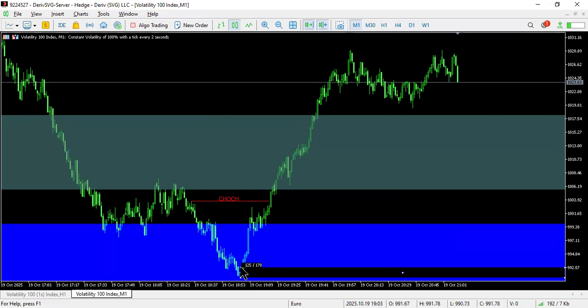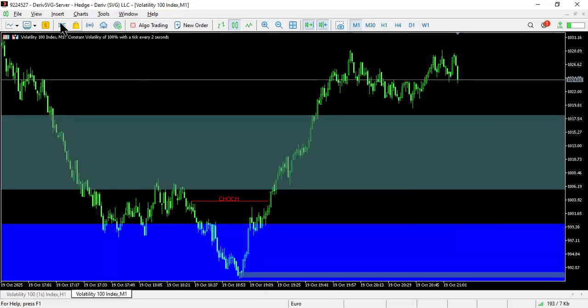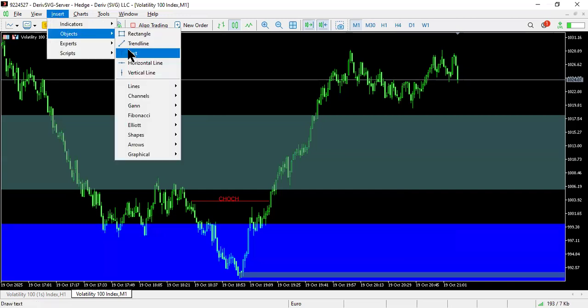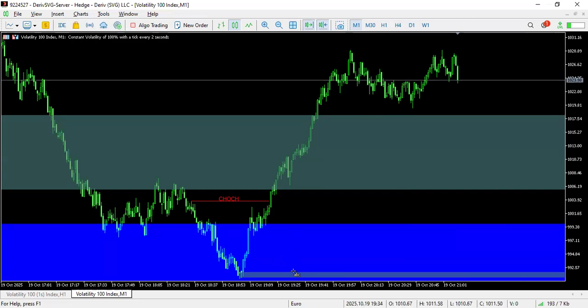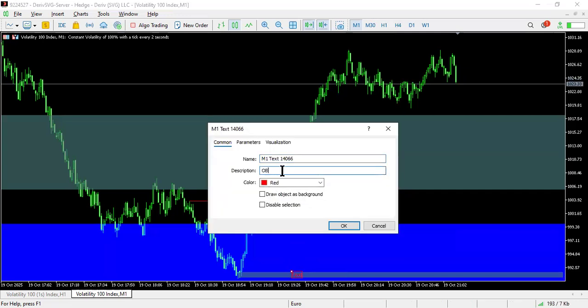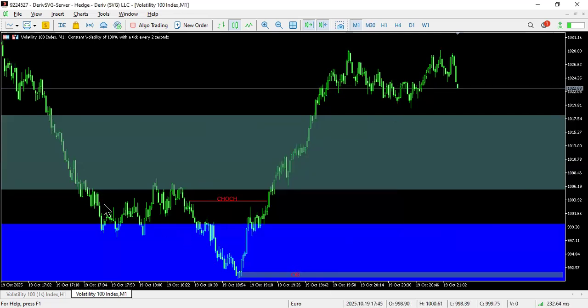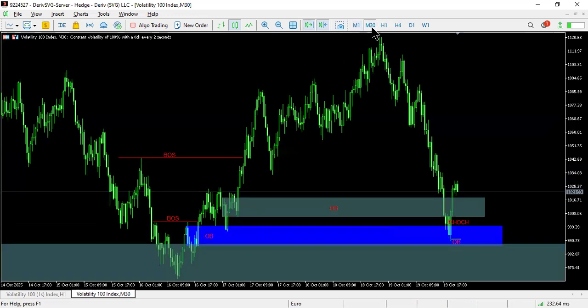So there's a possibility of price coming back to that order block before we can push to the upside. But yes, the reversal has happened. That's all the confirmation we need from our M1.